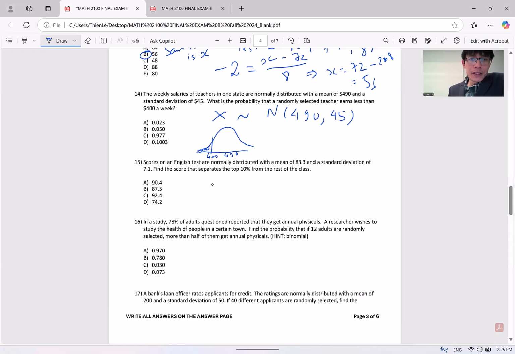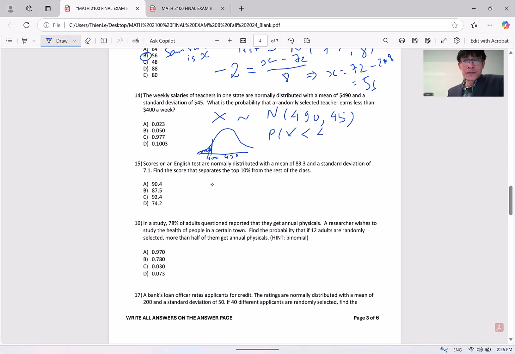So here it comes back to the problem where you have the value 400 as a cutoff, and you want to find the probability X is less than 400. More or less, you have the value and want to find at what percentile it stands. So in this case, you just use the normal CDF function, with a lower bound of some very negative number, then 400, the mean 490, and standard deviation 45.